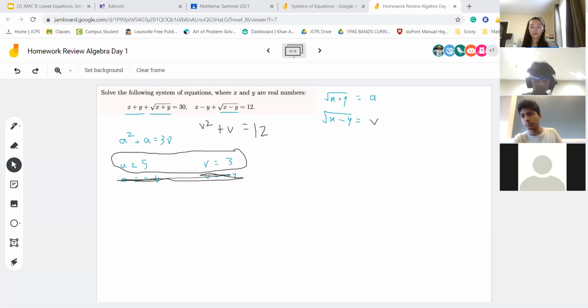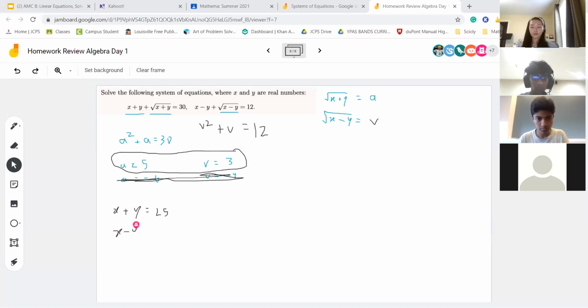Now that we're going to use a equals 5 and b equals 3, x plus y is now equal to 25, because that's a squared. So what I did is I moved on to the second equation. Since x plus y is 25, x must be equal to 25 minus y. Then we also have x minus y equals 9.